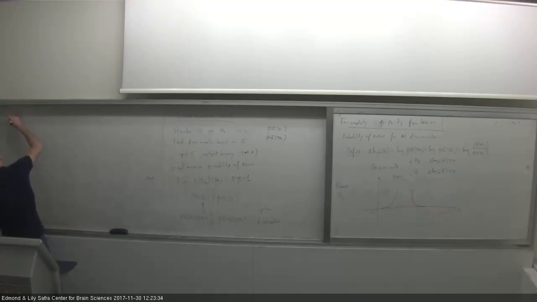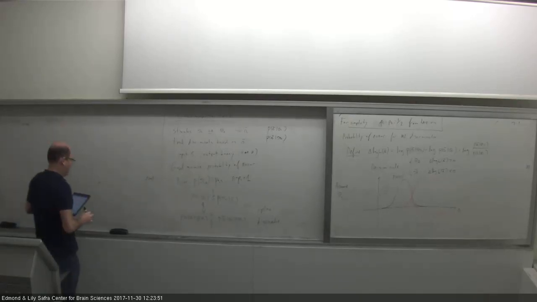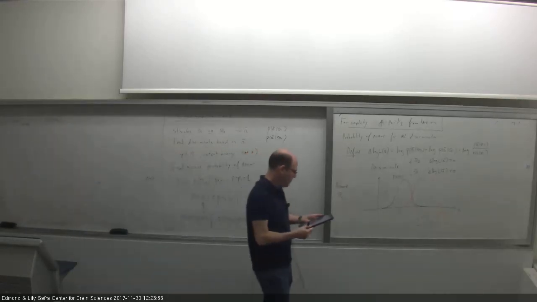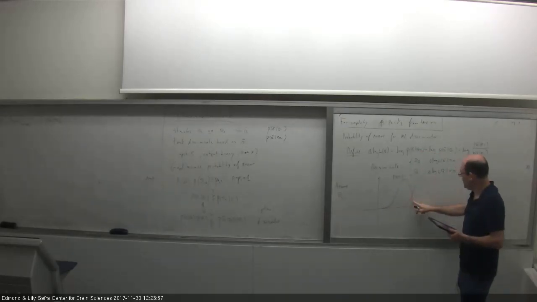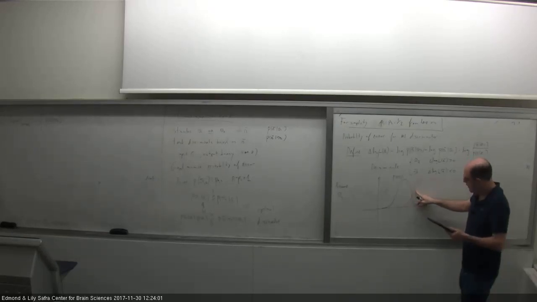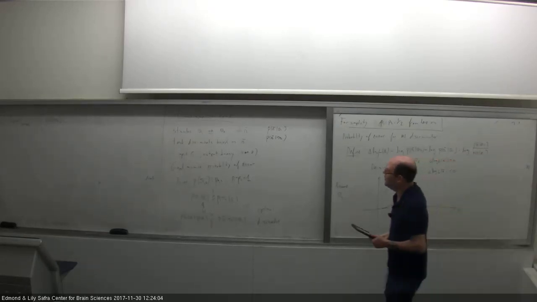The probability to make an error when theta is equal to theta 2 is equal to an integral over P of R given theta 2, and I need to look at the cases where this function is larger than this one.